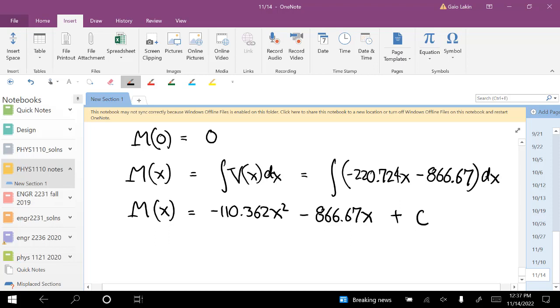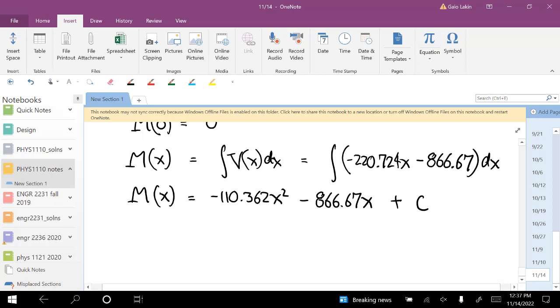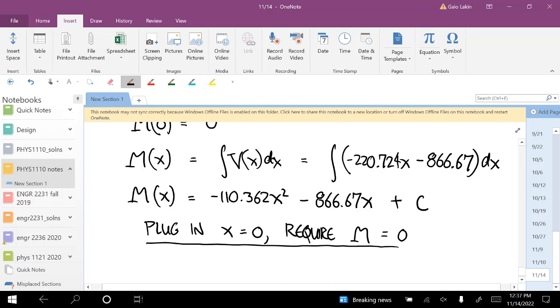Okay, and now plug in x equals 0 and require that M is equal to 0. That's what we know because there's no point couple there.